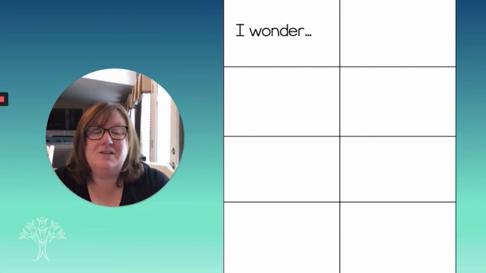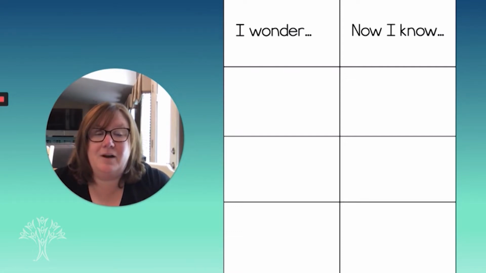On the left side, we're going to label I wonder. This column is where you will record the questions that come to your mind as we're reading. On the other side of the paper, we're going to label that column, Now I Know. This is where we get to record the information that we find as we're reading the text to answer our questions. I'll give you just a moment to finish filling that in.